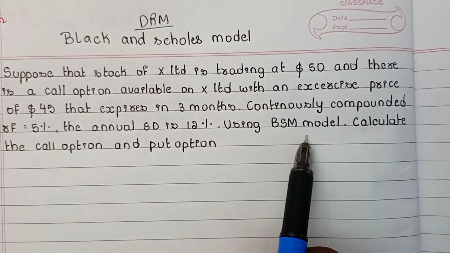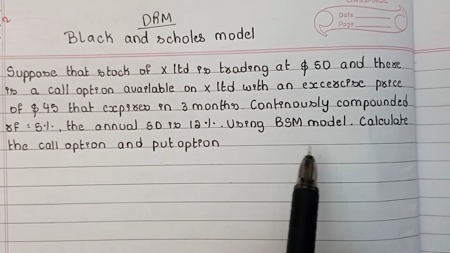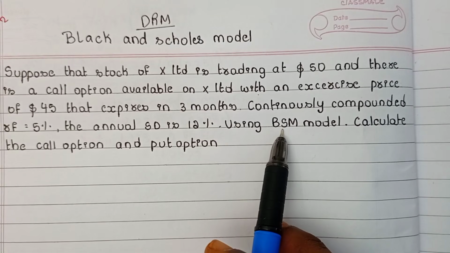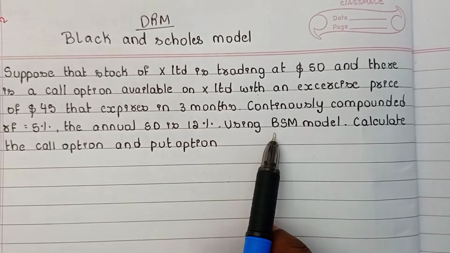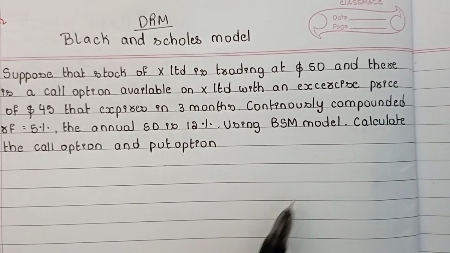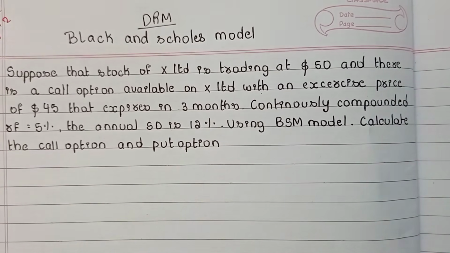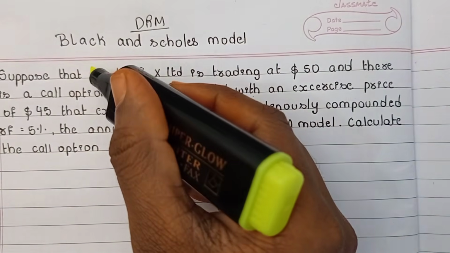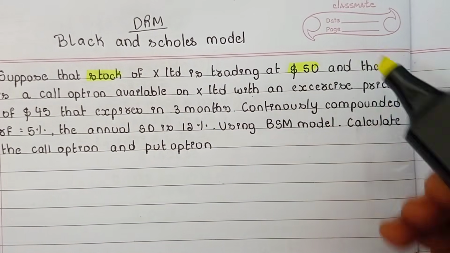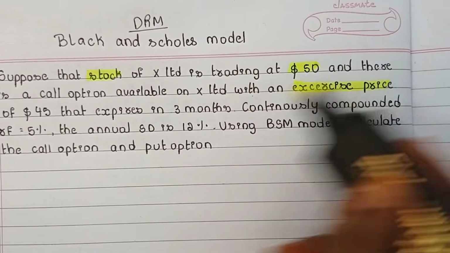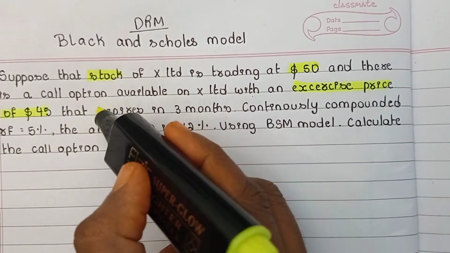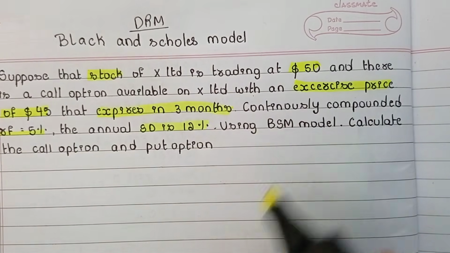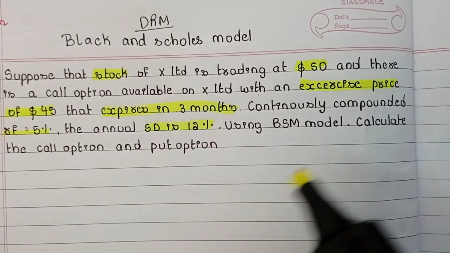In some questions they will say Black and Scholes model. In some questions they will use the short form, that is BSM. If it is mentioned as BSM, you have to understand that it is the Black and Scholes model. So first let's write what is given in the question. The most important things to mark are the stock price of $50, the exercise price of $45, expiry in 3 months, rate of interest 5%, and standard deviation 12%.